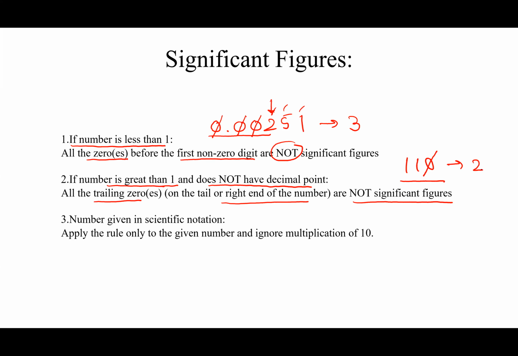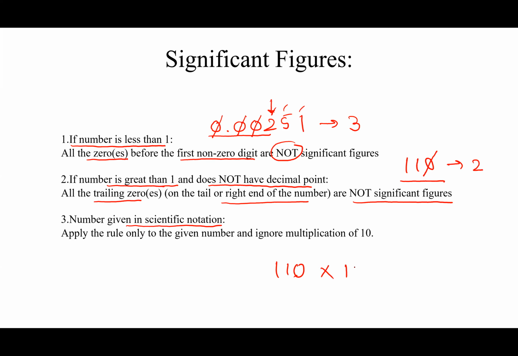All right, and these are the two rules that you apply even to a number given in scientific notation form. If I give you a scientific notation, you are still going to apply the same rule, but the only part is that, let me just write that down.